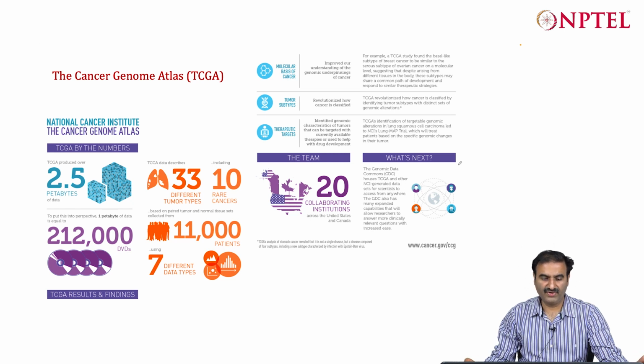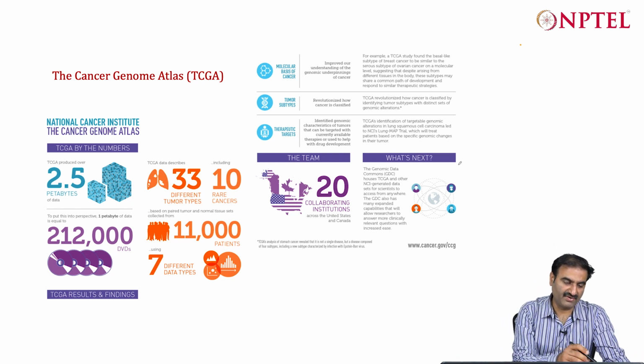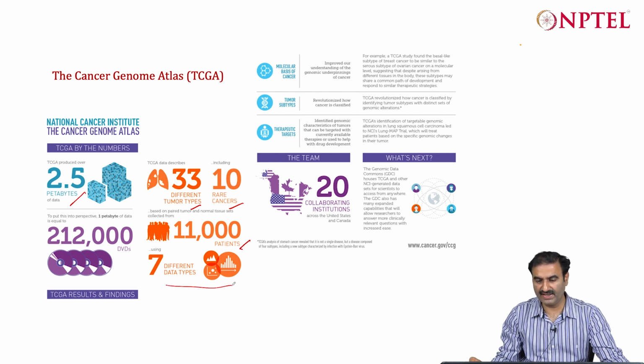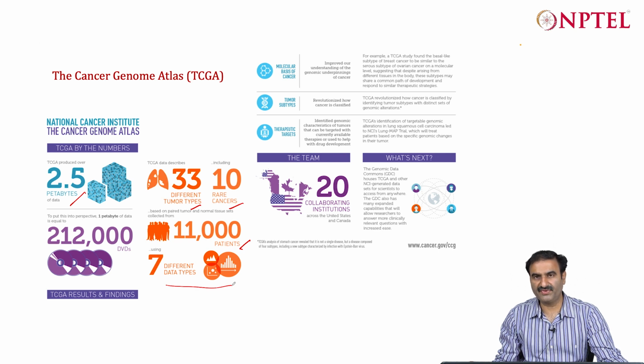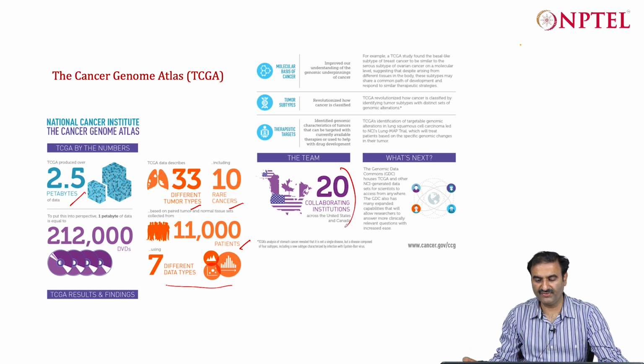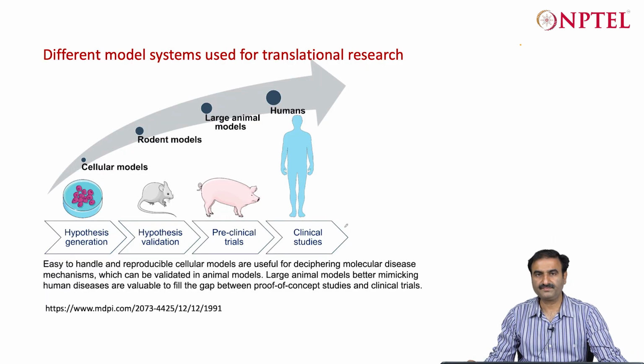Just to give you the insight, it contains about 2.5 petabytes of data from 33 different tumor types, including 10 rare cancers, from more than 11,000 patients and 7 different data types, and can provide the molecular basis of cancer, tumor subtypes, and therapeutic targets. It is collaborating with almost 20 institutions across the United States and Canada, and also getting data from other places. So this is a very exhaustive database for cancer research.